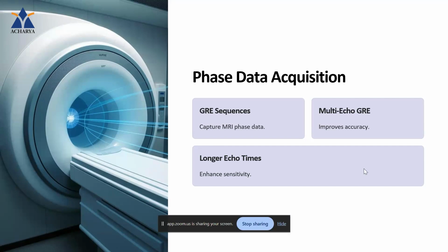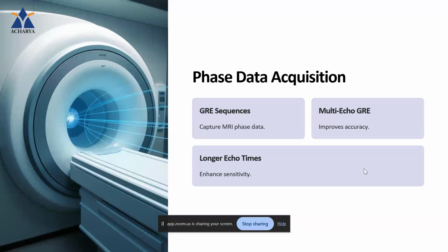These gradient echo sequences capture the MRI phase data, or the phase shift, which can be caused by tissue susceptibility differences.